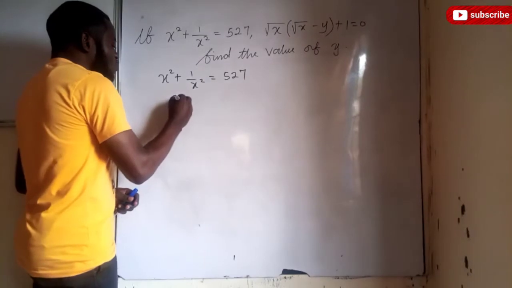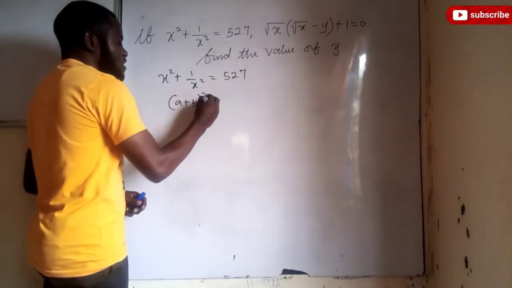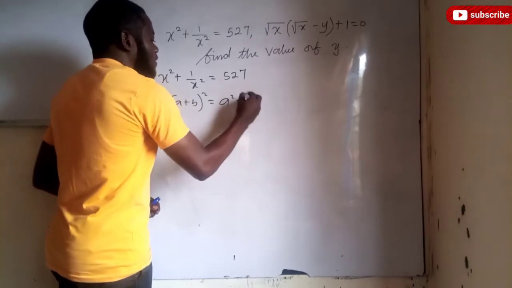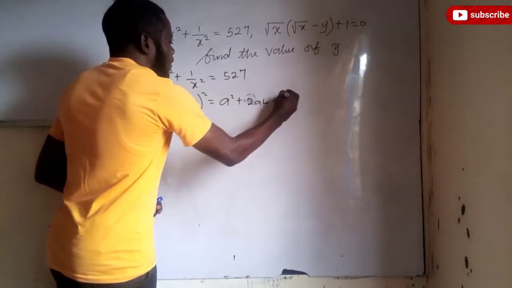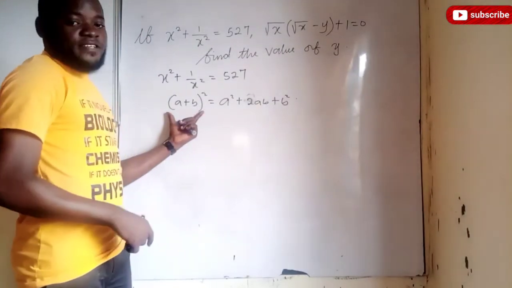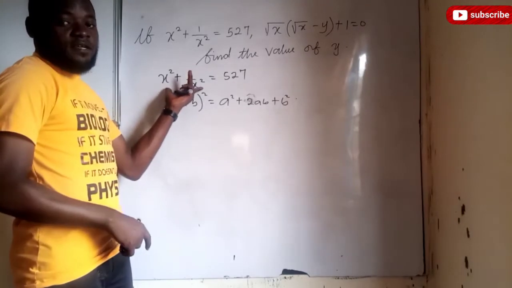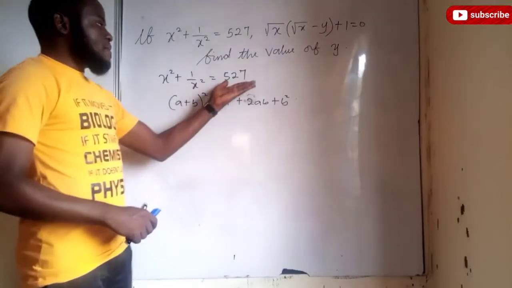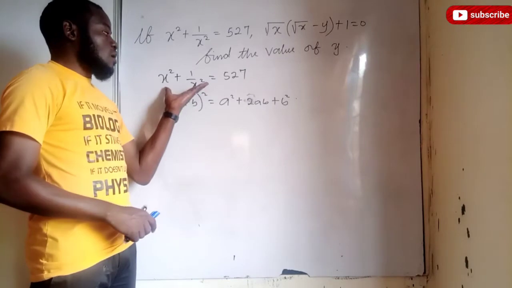A perfect square, if I have a plus b all square, this will be a square plus 2ab, then plus b square. This is a complete square and this is a perfect square. But if you look at this one, the square is not complete and this one is not a perfect square as well. Hence, if I can make this one a perfect square, this one will become what?